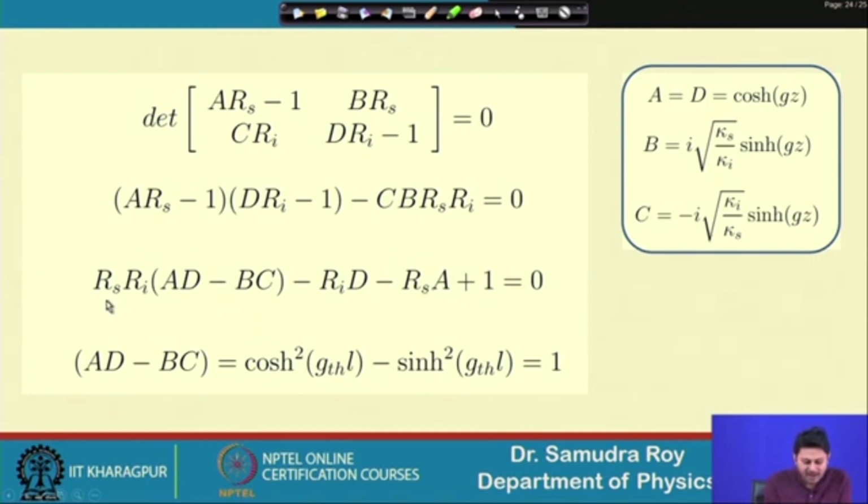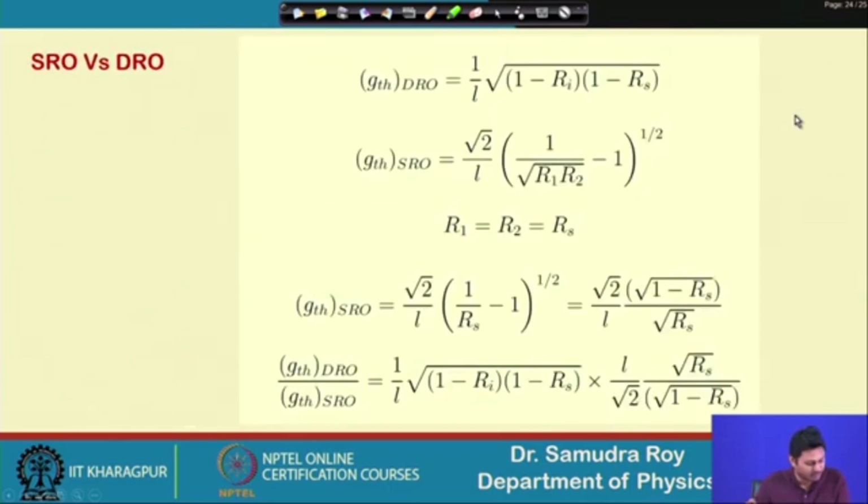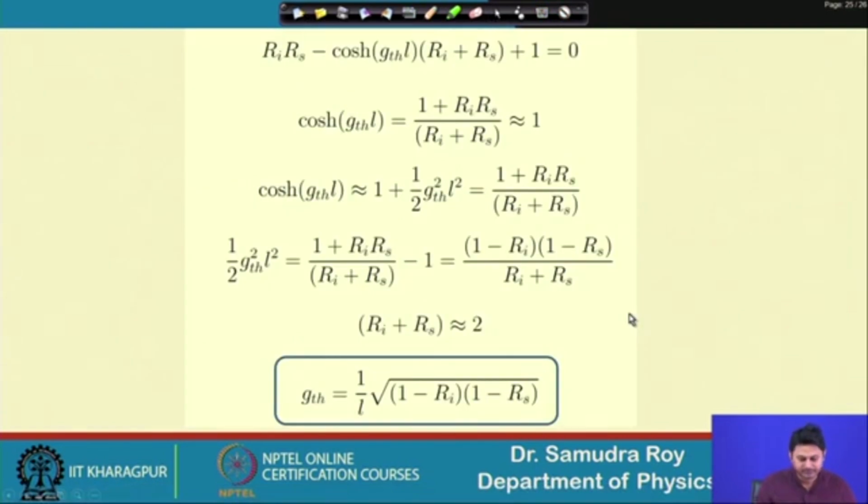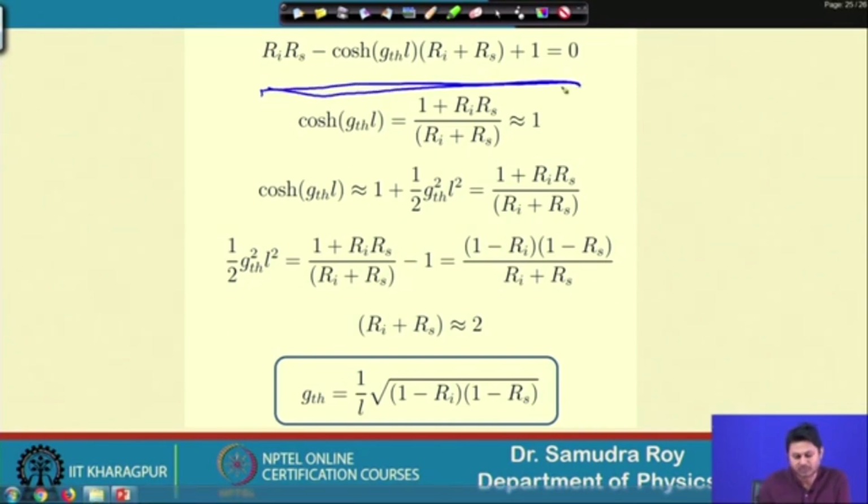So, I can write R_S R_I, and if I take D and A common, it should be cosh. So, R_S R_I multiplied by cosh plus 1 will be our expression here: R_S R_I minus cosh times R_I R_S plus 1 is equal to 0 is our expression.